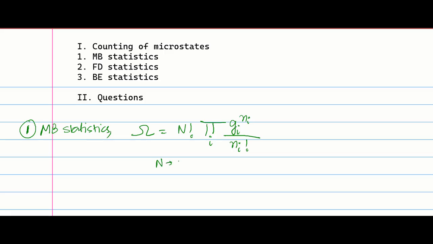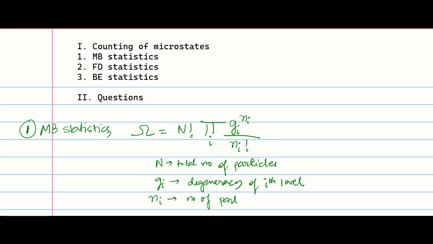N is the total number of particles. Gi is the degeneracy of the ith level, and ni is the number of particles in the ith level.